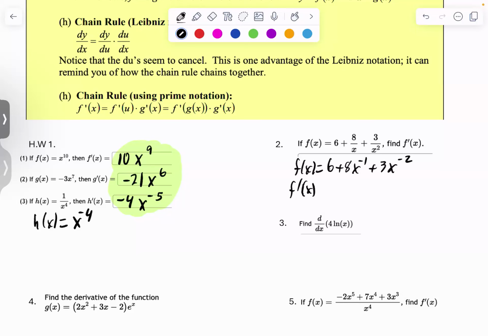It's gone. This becomes negative 8x to the negative 2 power minus 6x to the negative 3 power. Now I'm going to rewrite that like this. Now you could probably leave it in the previous form, but I just really want to emphasize that they started with fractions, so I'm going to end with fractions.